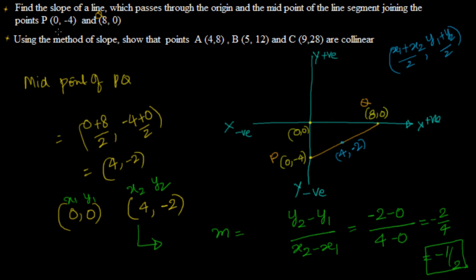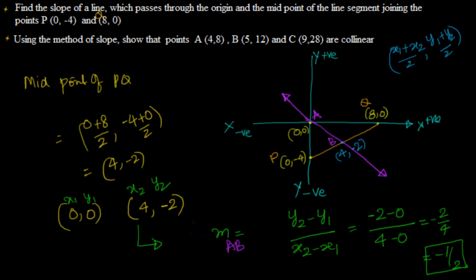What we have been asked is to find out the slope of a line which is passing through origin. We are looking at this particular line. That is the line we are talking about. Let us say this is A, this is B. So m of AB, or slope of AB, is equal to that.